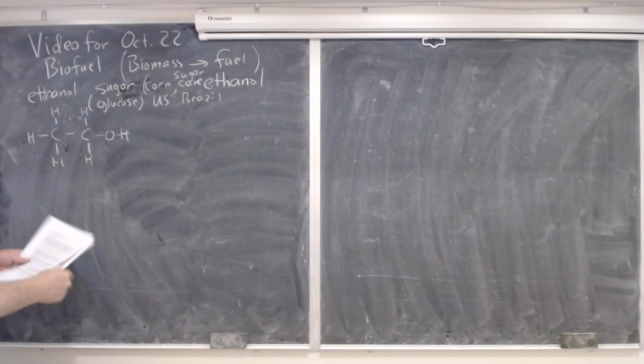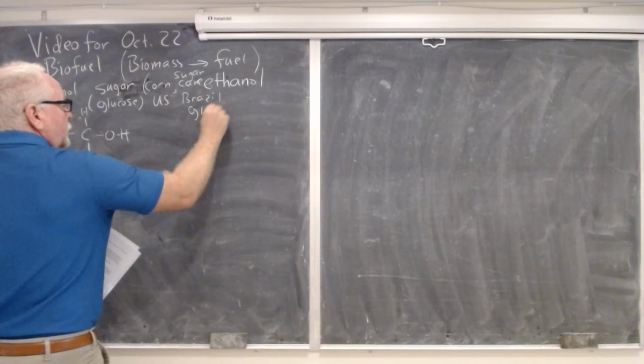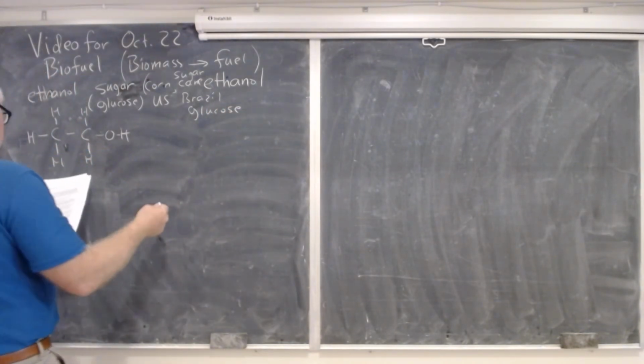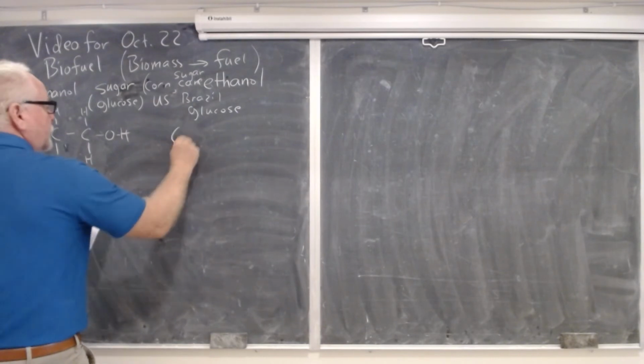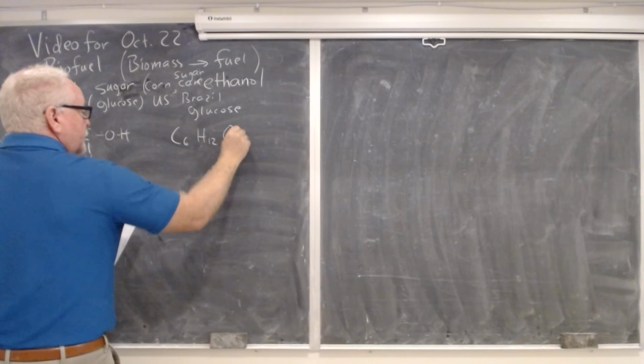All right, so how do you get ethanol? Well, from glucose. Glucose, which is sugar of some sort, is C6H12O6.